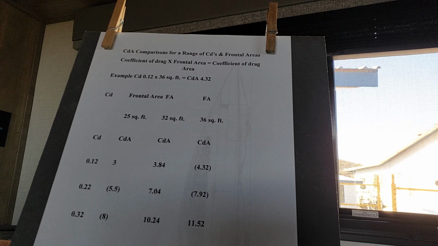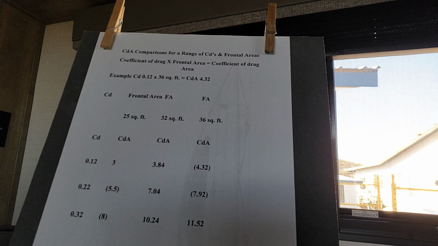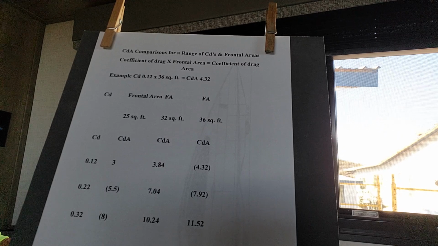Anyway, higher efficiency for automobiles is locked up in improved aerodynamics. And remember, coefficient of drag area is a real metric. A coefficient of drag by itself is kind of meaningless.